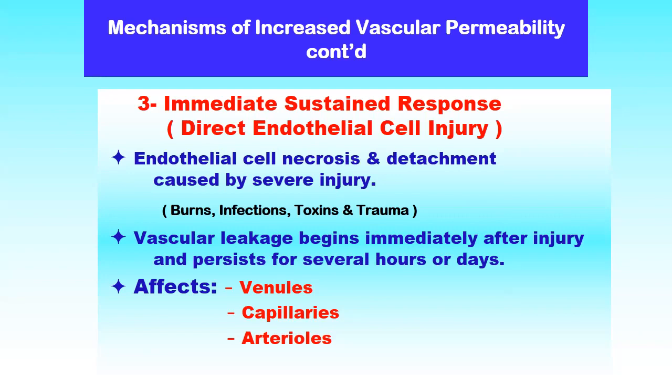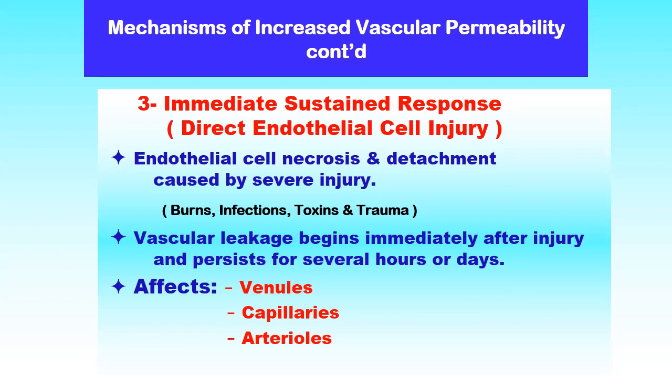So, this is the more serious mechanism of increased vascular permeability, causing loss of large amounts of fluid and plasma from inside the circulation into the extravascular spaces or interstitial tissue, resulting in hypovolemic shock or circulatory collapse, which causes the death of the patient, as in cases of severe burns.